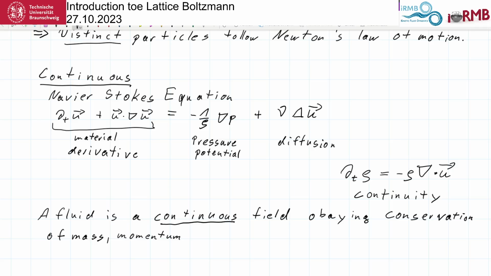We are now talking about what is conserved. The thing with energy is that the Navier-Stokes equation in this form does not conserve energy. If you want to conserve energy, you have to add an energy equation. So I put energy here.